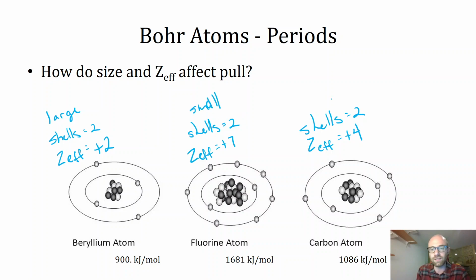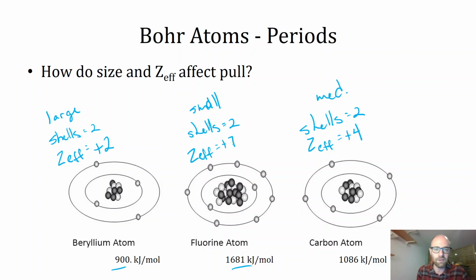The fluorine is relatively small, and the carbon is relatively medium size. So if we were to rank them, the largest would be beryllium, the smallest would be fluorine. Well, we said before that size matters, and that the closer the electron is to the nucleus, the number seems to go up. And I see that here, but there's a much larger difference. It's almost double the amount of ionization energy to remove an electron from fluorine than from beryllium.